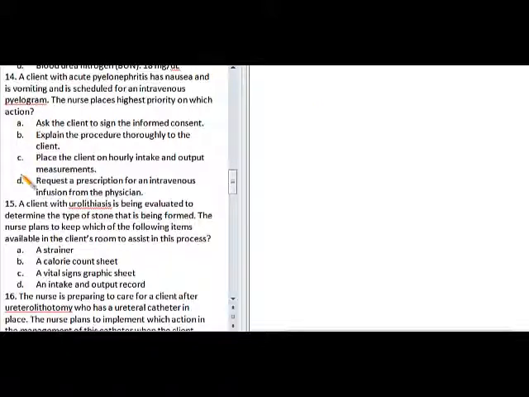Because a pyelogram will use dye, and when you're going to use dye, it is important that you have normal hydration. And the patient had a history of vomiting, so there's a history of fluid loss. So you need to replace that fluid loss before the start of the procedure. That's why you give IV first. D is the answer. Next.